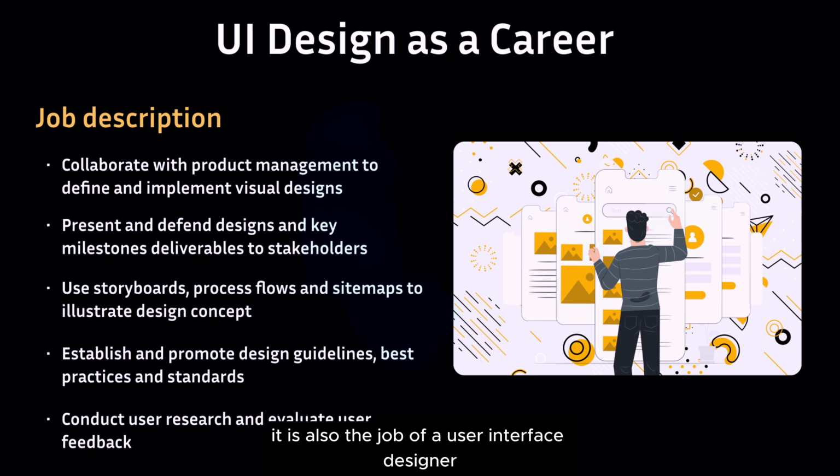It is also the job of a user interface designer to establish and promote design guidelines, best practices, and standards, and to conduct user research and evaluate user feedback. So these are what is required of a UI designer. It could be more, it could be less. It depends on the company that you are affiliated with.